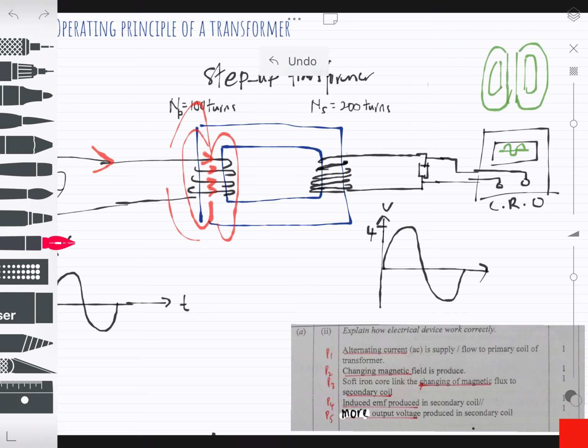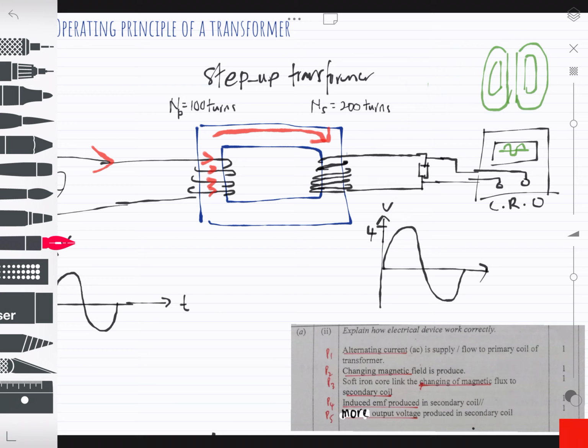And then the magnetic field will be transferred to the secondary. This is the secondary coil. So we have a magnetic field also here.